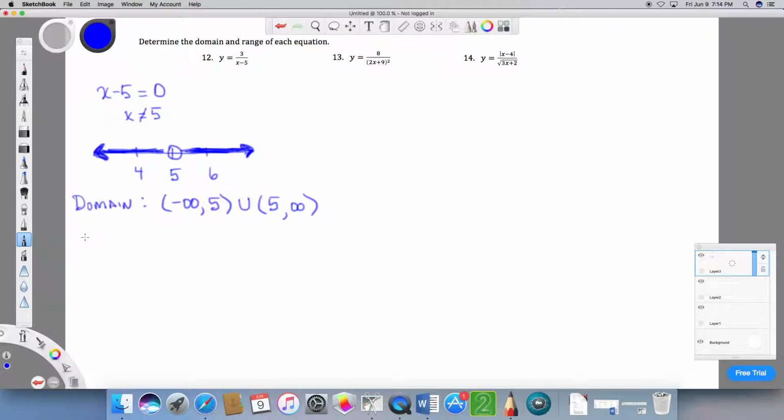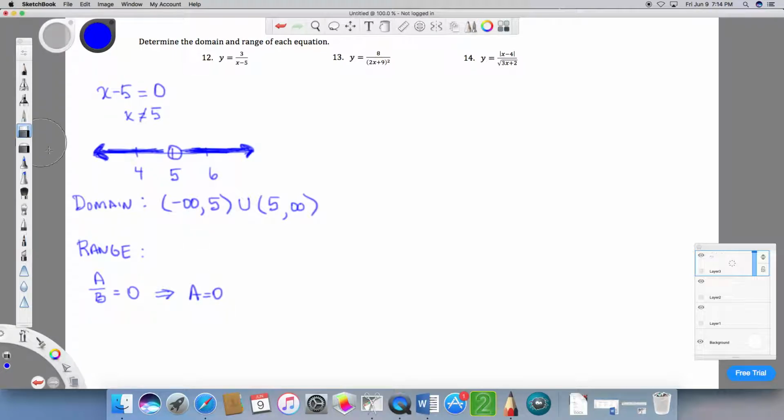Now, for the range, we're going to go and look at the graph, but I can point out a couple of properties. If we have a fraction that reduces to 0, it's because the numerator is equal to 0. So if a over b equals 0, that implies that a is equal to 0.